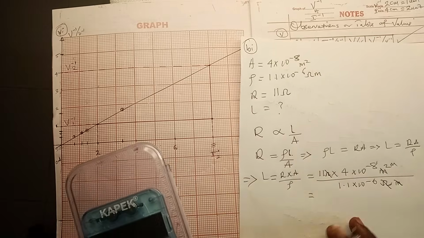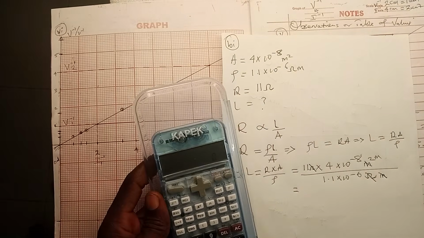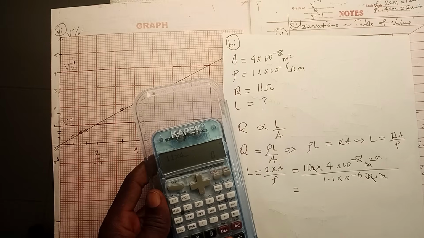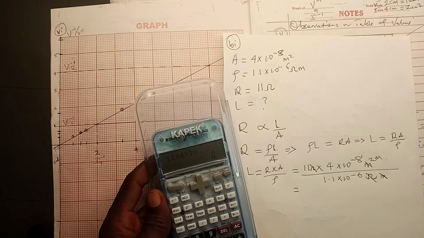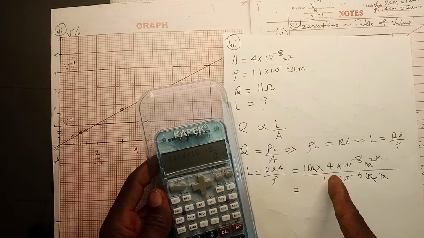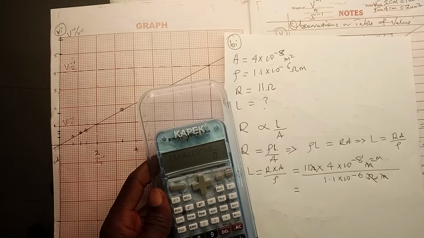So this is the same thing as we have 11 times 4 times 10 raised to the negative 8.